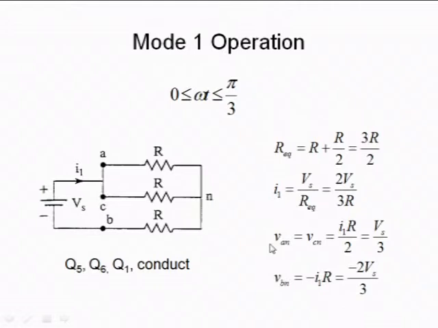It is a 3-phase inverter, and we assume the load is Y connected, with this as the neutral. This mode 1 operation is valid between 0 and pi by 3, that is 60 degree, 180 divided by 3.